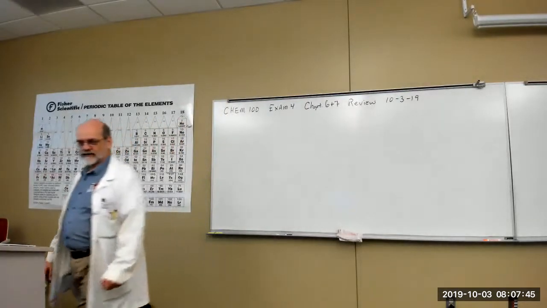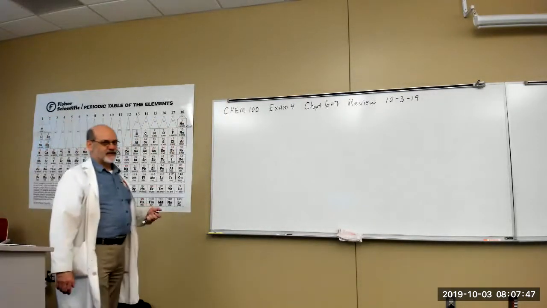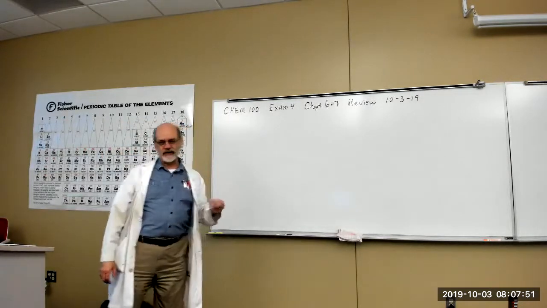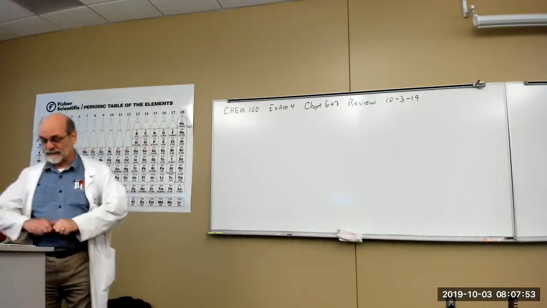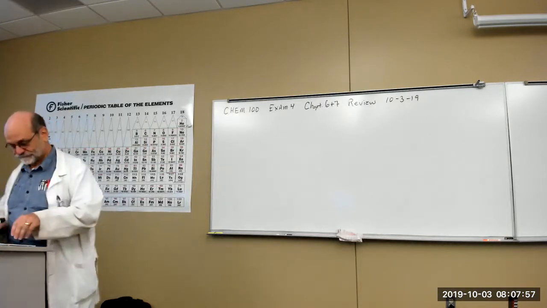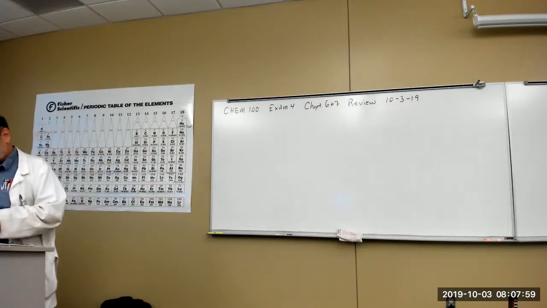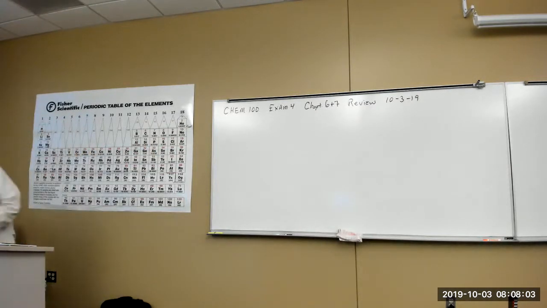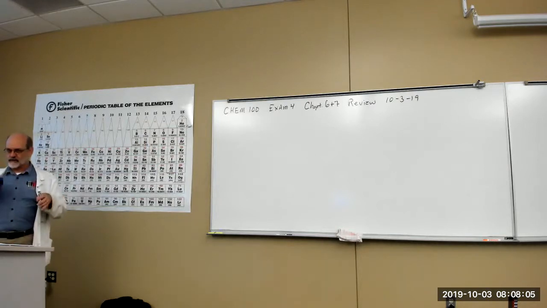All right, to repeat myself, we're going to do some review today on Exam 4, Chapters 6 and 7, for the exam that we have next week on Tuesday. Like I always do, I want to be sure to cover anybody's concern.